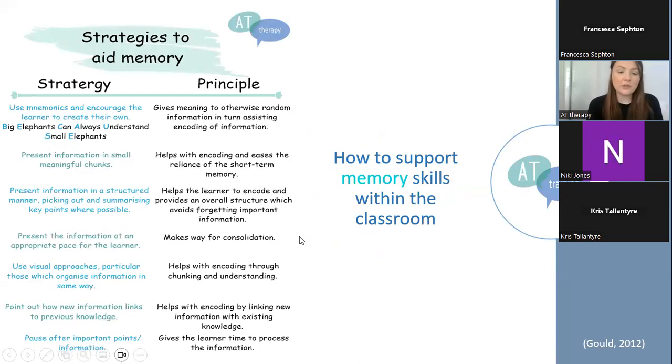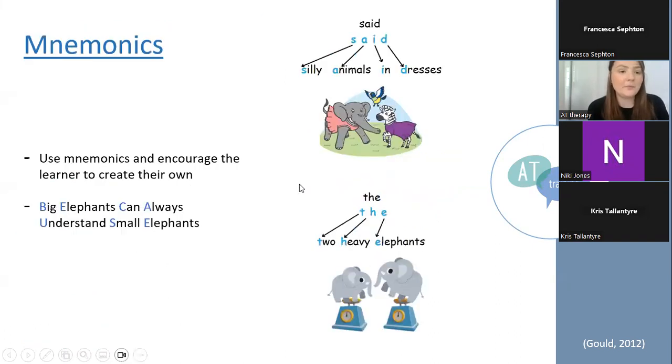So moving on now to strategies to aid memory. Again, this is something else that we will be giving you at the end of the webinar. We're going to first look at mnemonics.